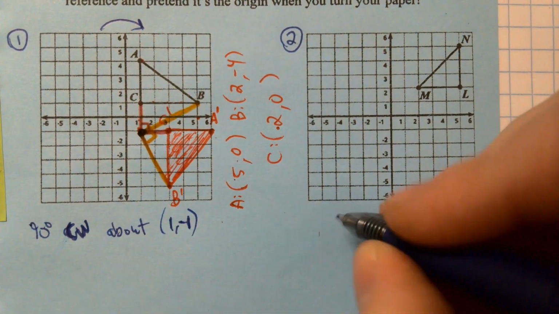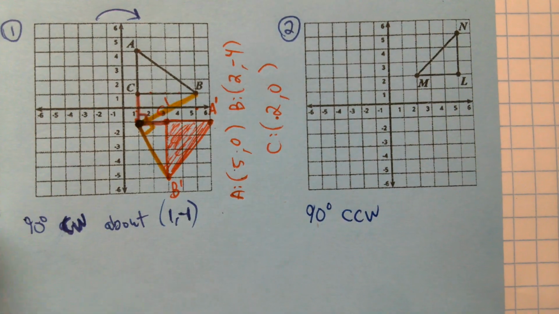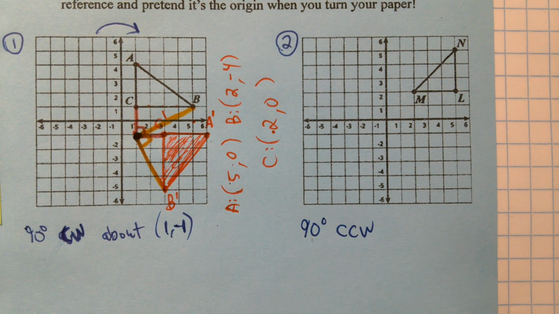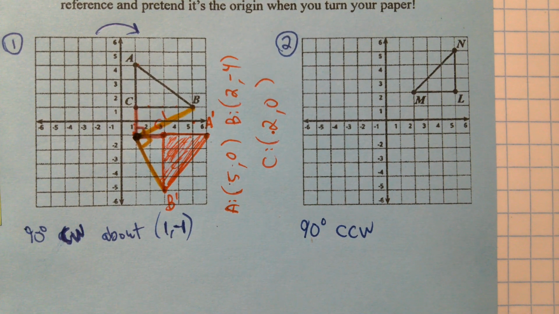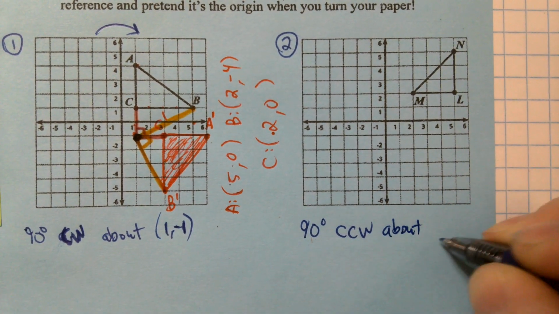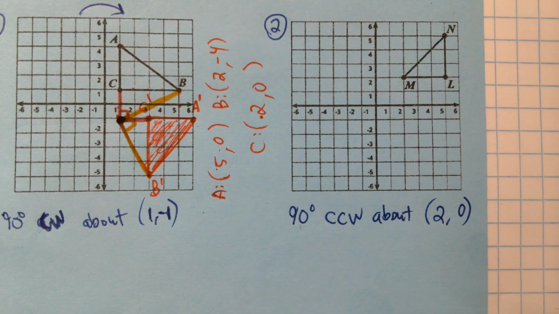Number 2, I'm going to rotate 90 degrees counterclockwise about the point 2, 0. Right? So what that tells me right away is that my origin essentially, you can think of it shifting over to the point 2, 0.